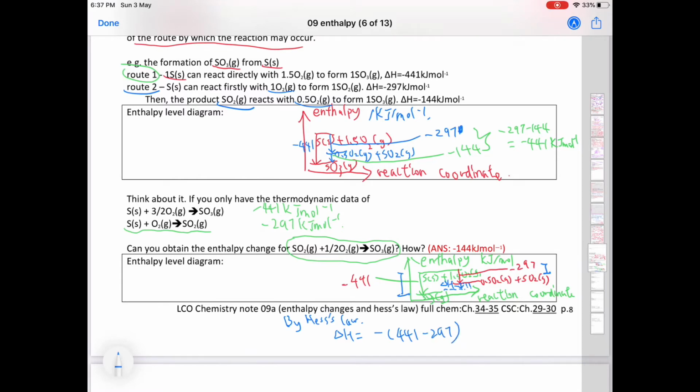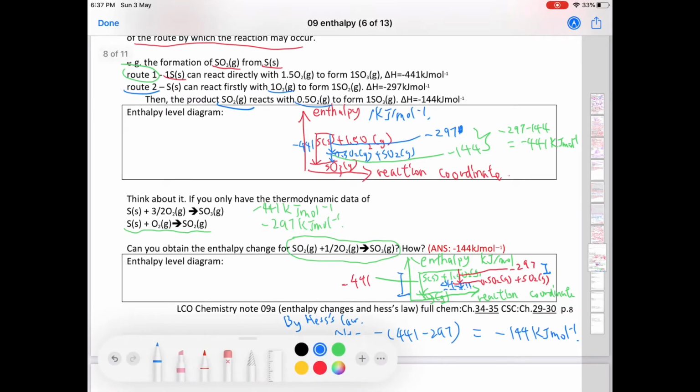And of course after you draw this enthalpy level diagram, you can see that the initial state is higher than the final state, so there will be a negative number, and after calculation you can get back this negative 144 kilojoule per mole as the enthalpy change for this process. Can you see the idea?